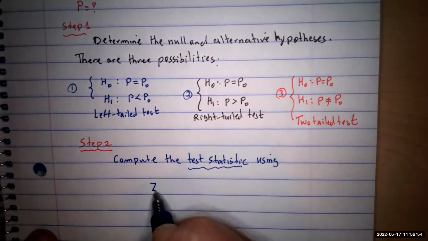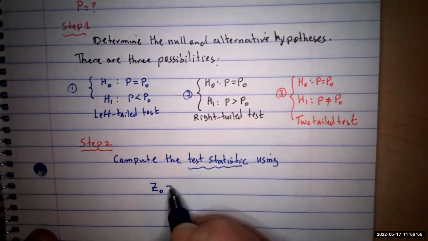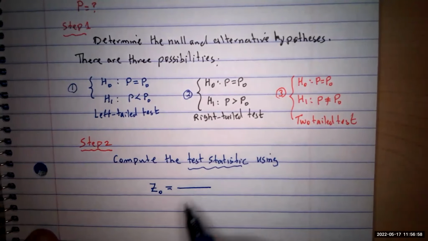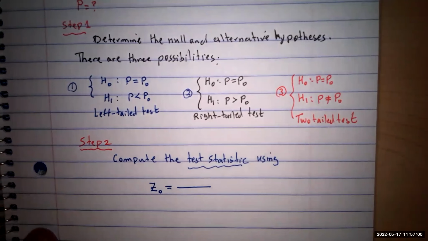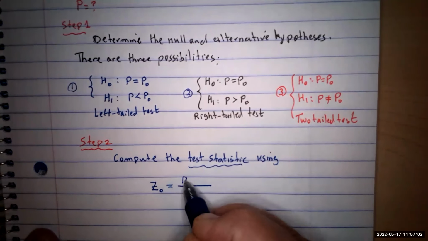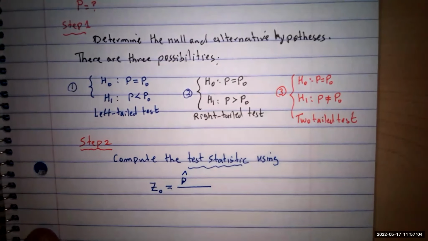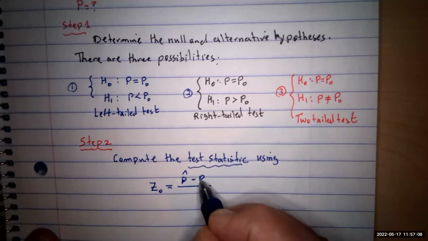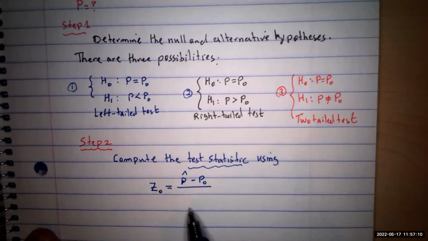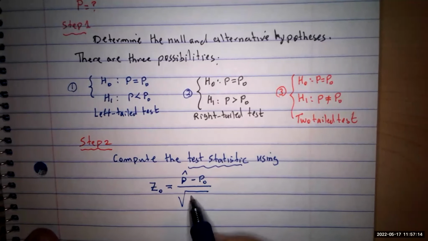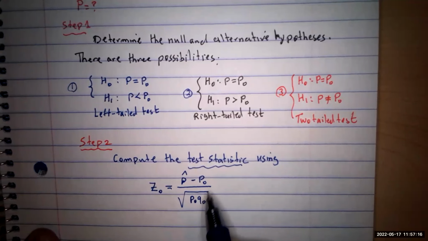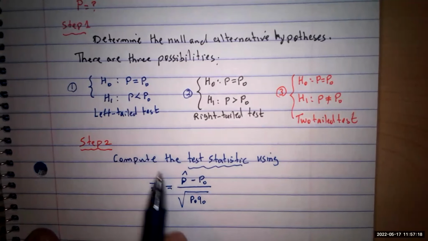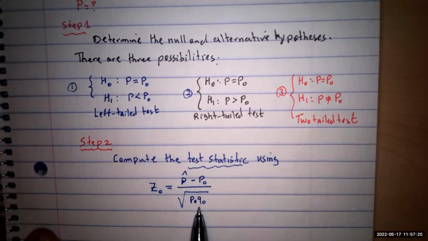So Z naught is going to be equal to, remember the formula for the proportion, P hat, the sample proportion, minus P0, divided by the square root of P0 Q0. You already got P0, so you can easily find Q0.